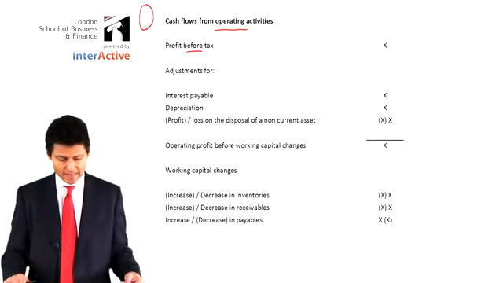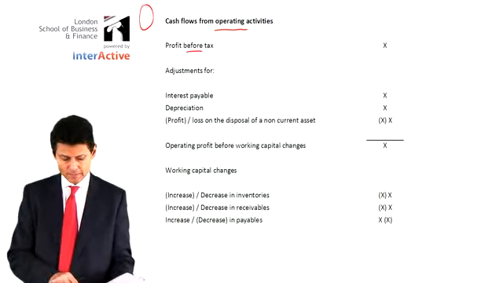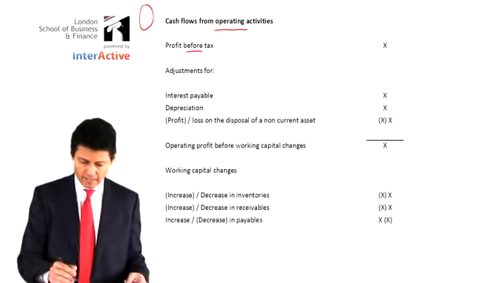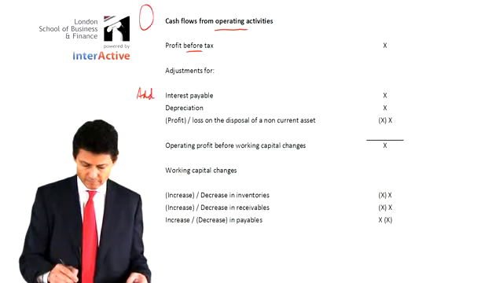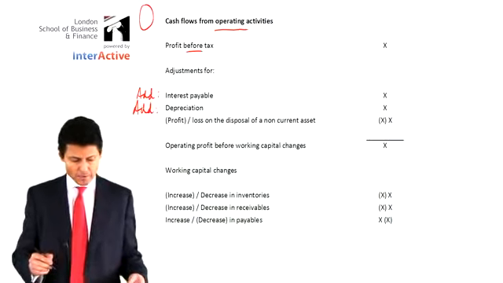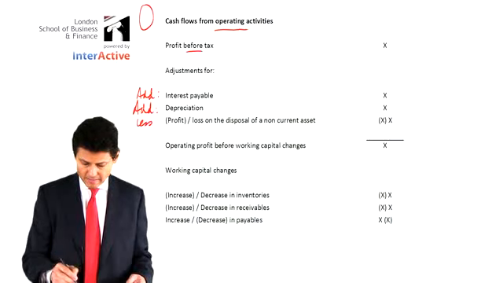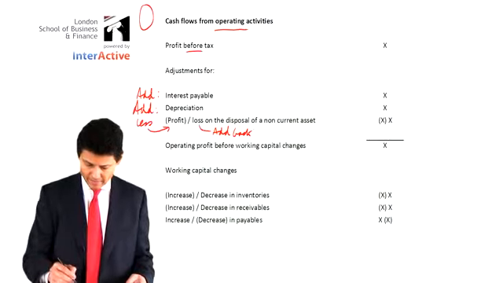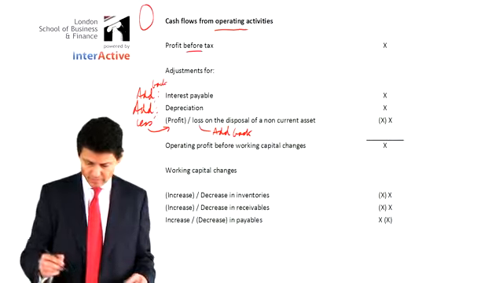So profit before tax, then you have adjustments for things like interest payable. Now, you notice the interest payable and depreciation is an add back. The profit or loss, basically the profit is a less, whereas the loss is an add back. So these adds, I mean add back, depreciation.